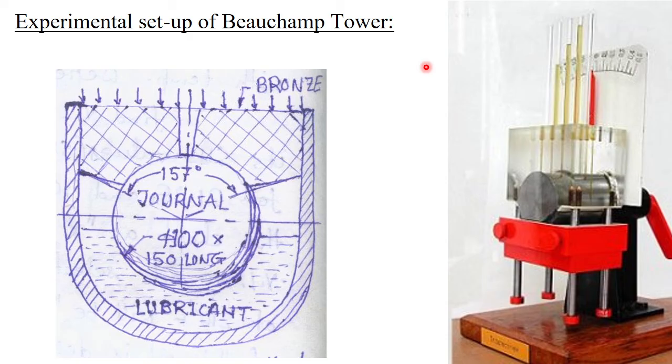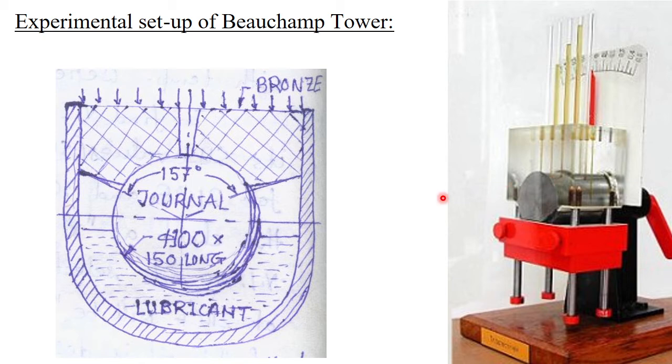This was the experimental setup by Beauchamp Tower, the original setup. You can see this in some technological museum. He was a Britisher, and somewhere in a suburb of London you will find this particular setup in a museum.